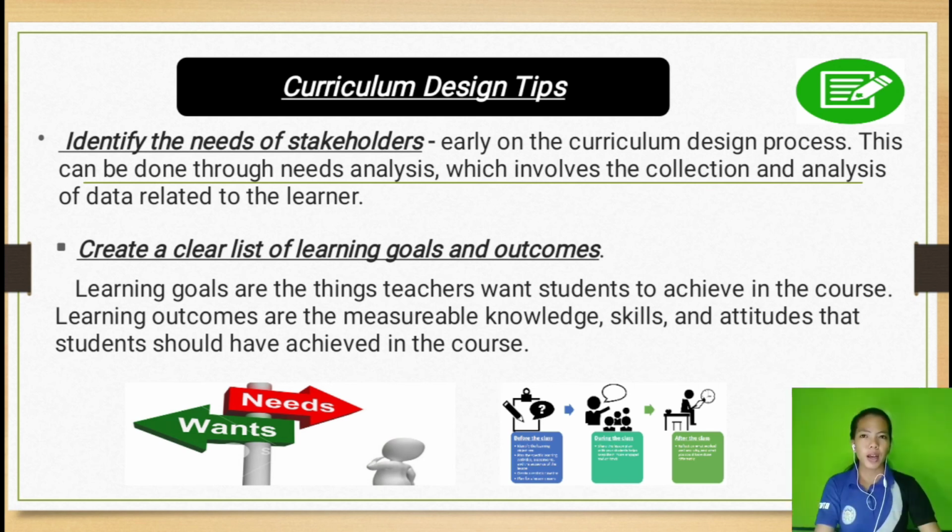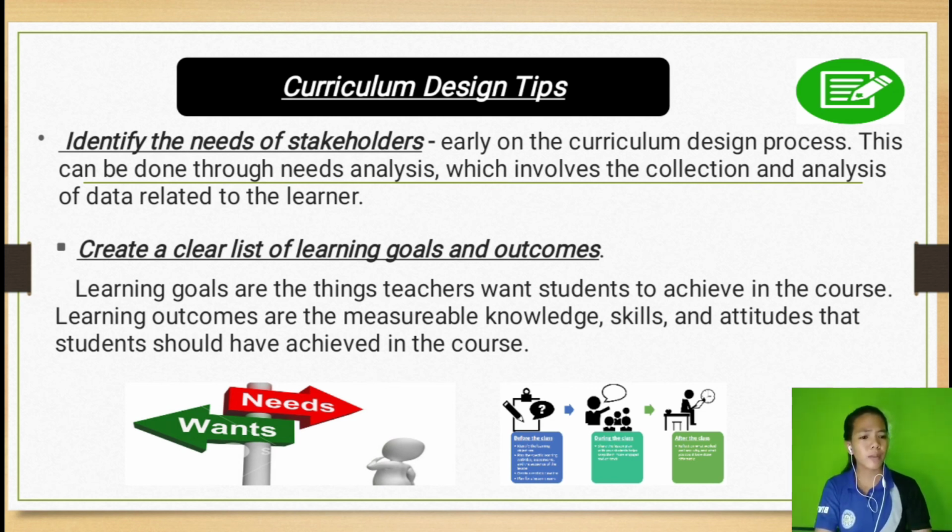And after identifying the needs and wants of your learners, this is when you can create a list of learning goals and outcomes. So, what are learning goals and outcomes? Learning goals are the things teachers want students to achieve in the course. It is what an instructor and the institution aims to do for their learners.